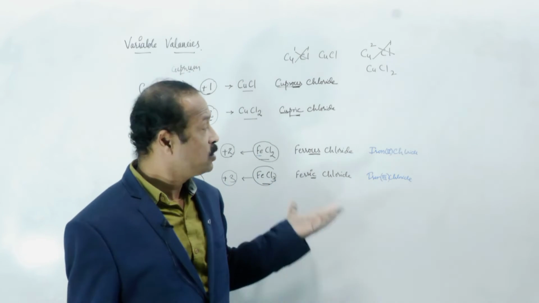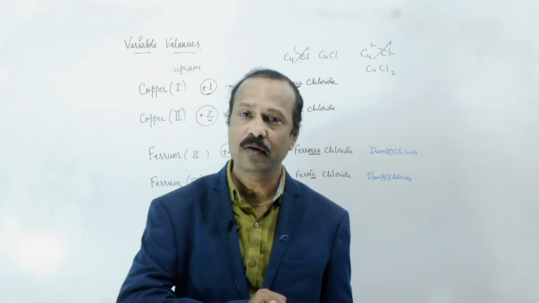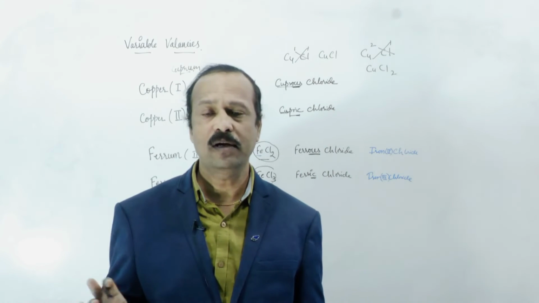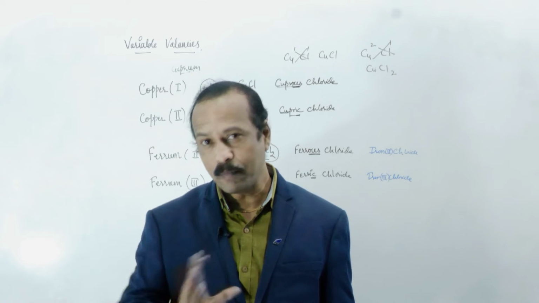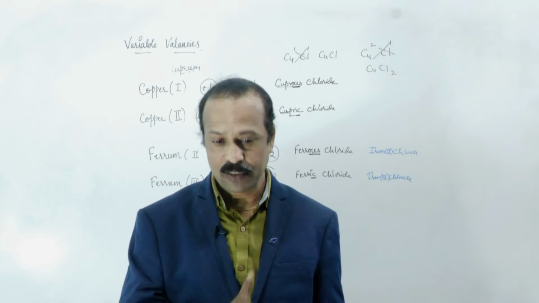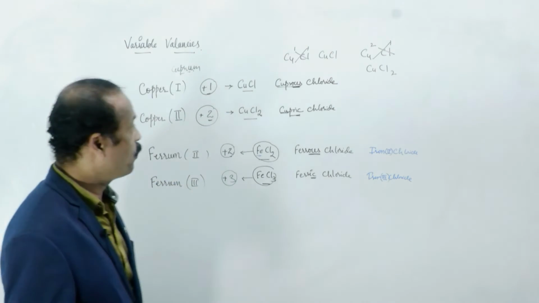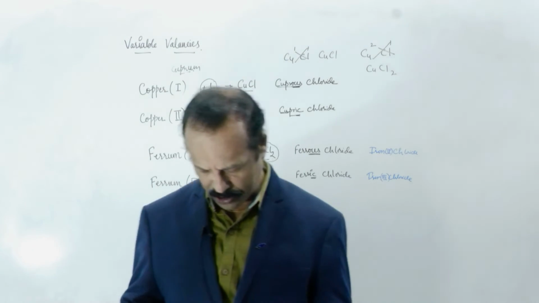That's called nomenclature, giving names to compounds. There are certain rules. If we know these rules, then you can write any formula, and if any formula is given, you can name that compound. If a compound name is given to you, you can write the formula. So, try to understand, that's a very, very important concept. Chalo. Hope you understood this one now.